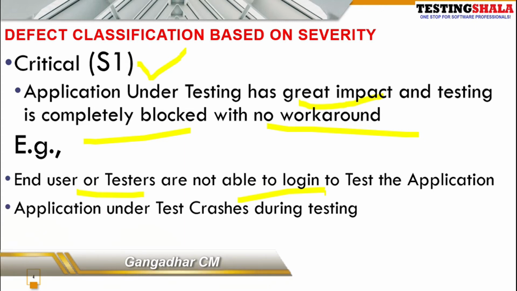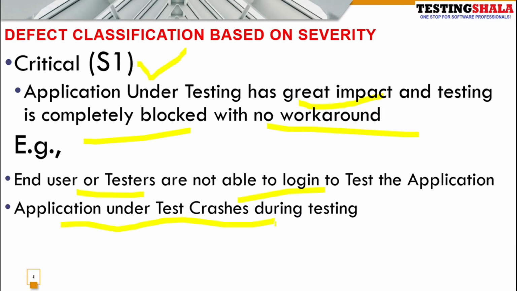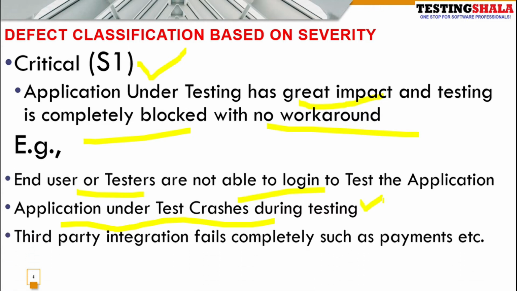Here is a second example. When we are testing a given application, suddenly the complete application crashes on a particular scenario execution. That scenario becomes very critical in nature, and they have to fix those issues without fail, because there is no workaround when the application crashes. The third example for a critical defect is third-party integration failure.